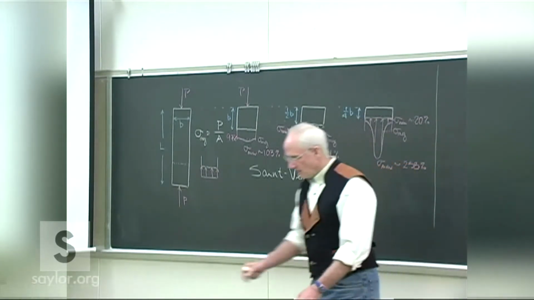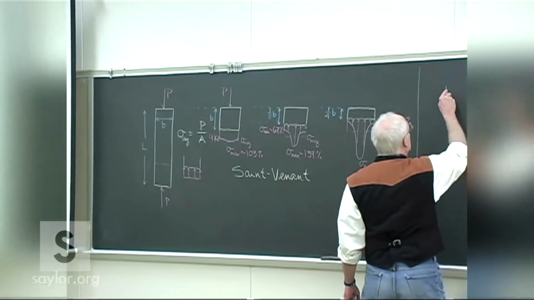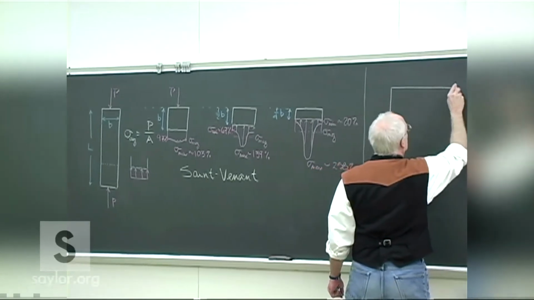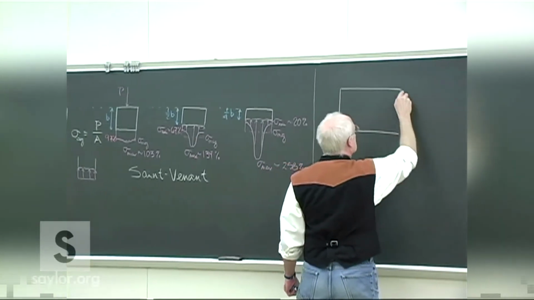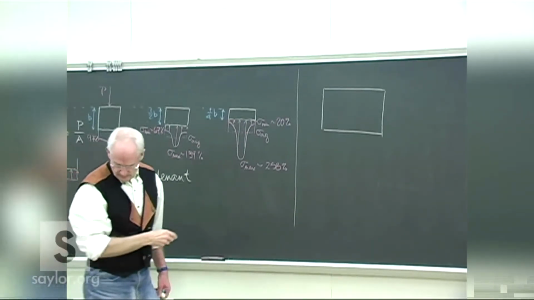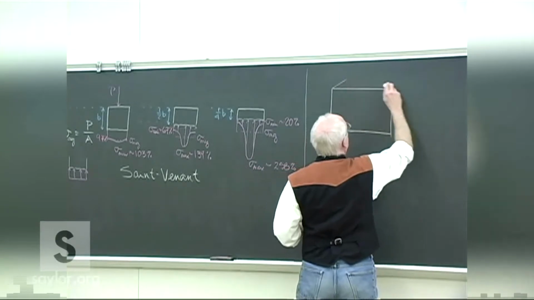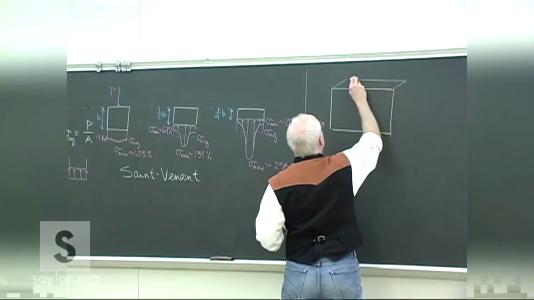All right. So we do have sudden severe changes in the piece, and we have to take them into account. So imagine some piece here under some kind of axial load. We're going to have to give it a little bit of depth here, so we're going 3D.